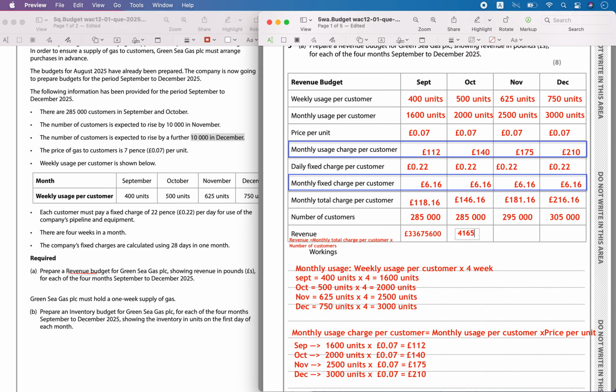For October, it is 285,000 into 146.16, which is 41,655,600. So this many pounds is the revenue.